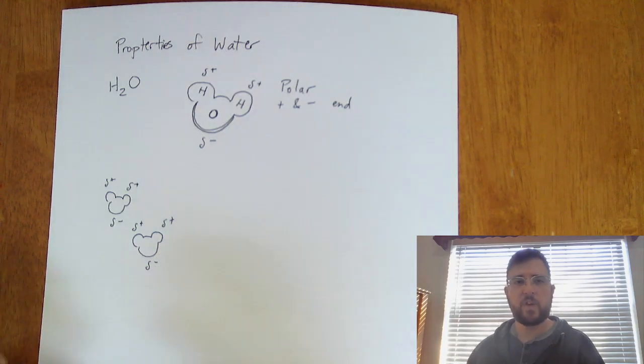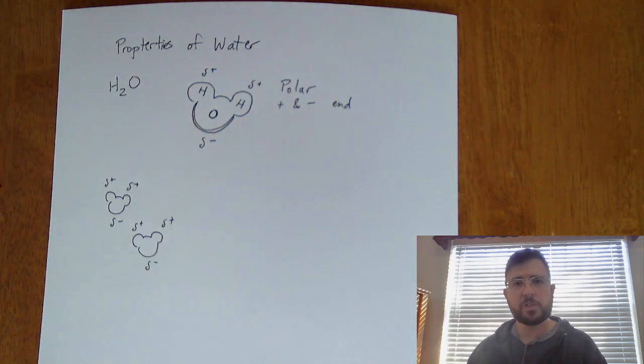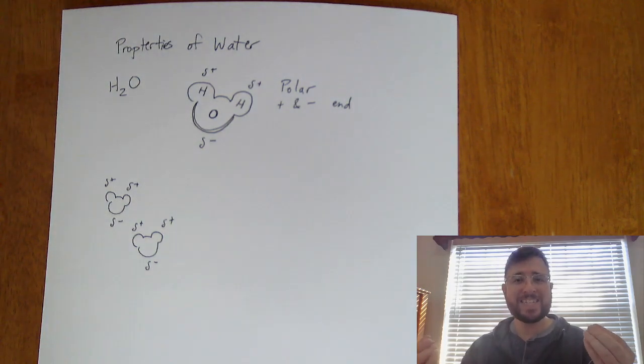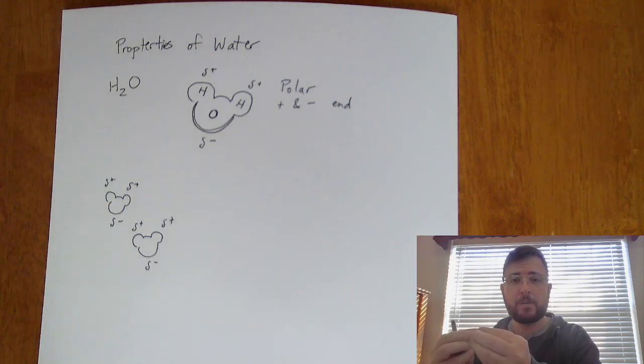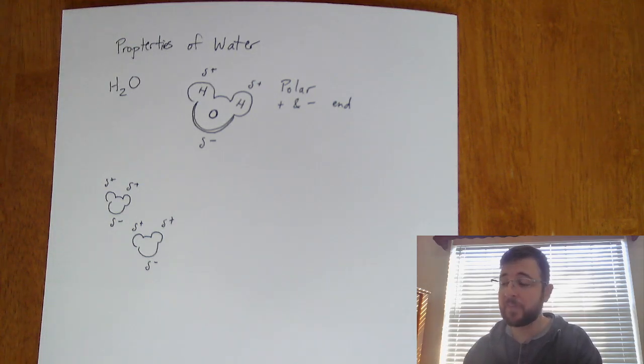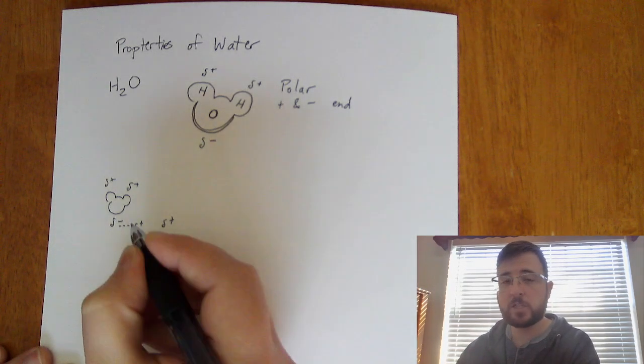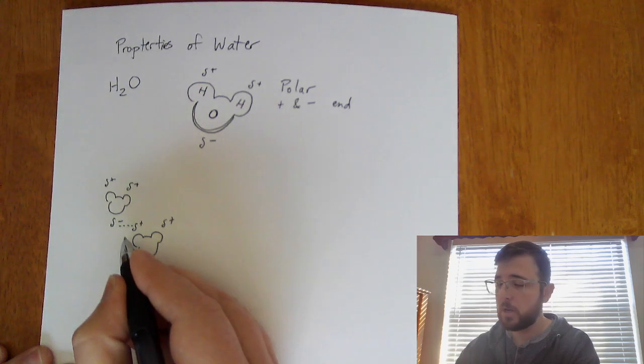Now, if you've ever played with magnets, you will know that a magnet has a positive end and a negative end. And when those two ends get together, they click, almost like magic. The positive is attracted to the negative end. And this is true even at the atomic level. The negative charge here is attracted to this positive charge.